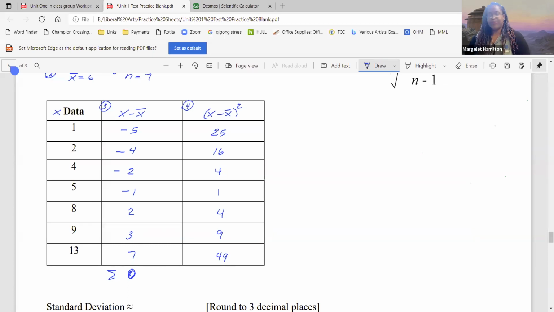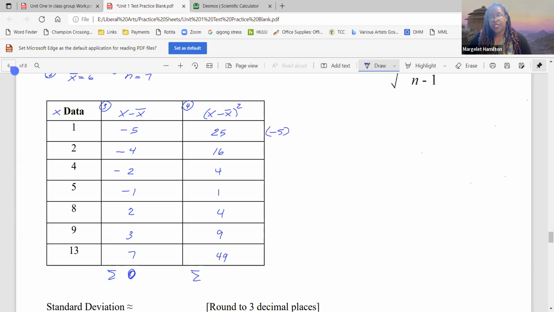Are we still doing good? You should not have any negatives here. I'm trying to figure out how to punch that into my TI-30X2S calculator for the -5 to be able to square it. It should look like this.